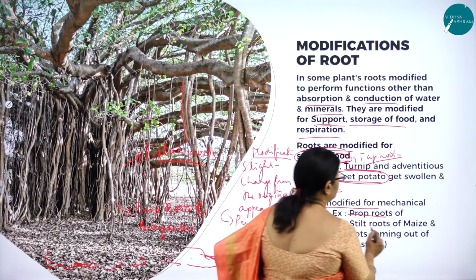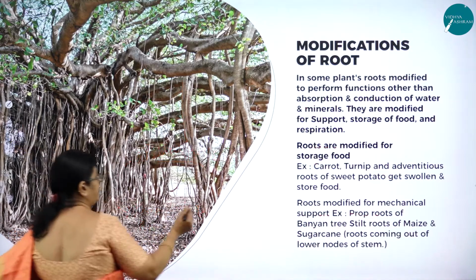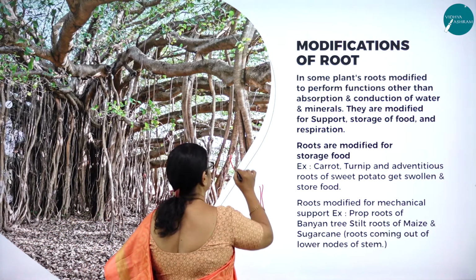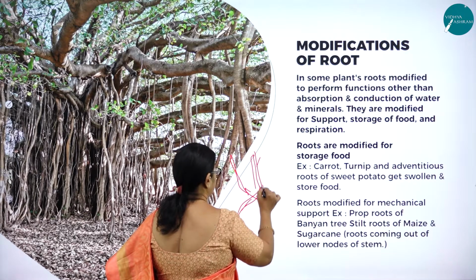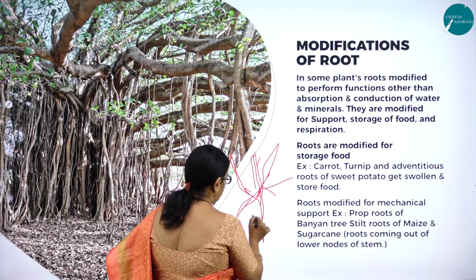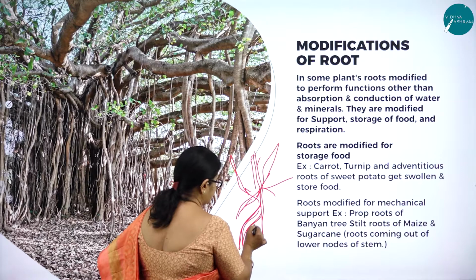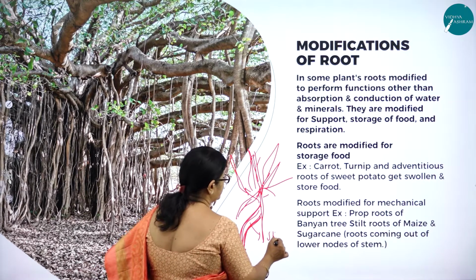Then stilt roots of maize and sugarcane, very, very important. You might have come across, in case of maize, you can see the roots growing like this. They act as what? They act as stilt roots.